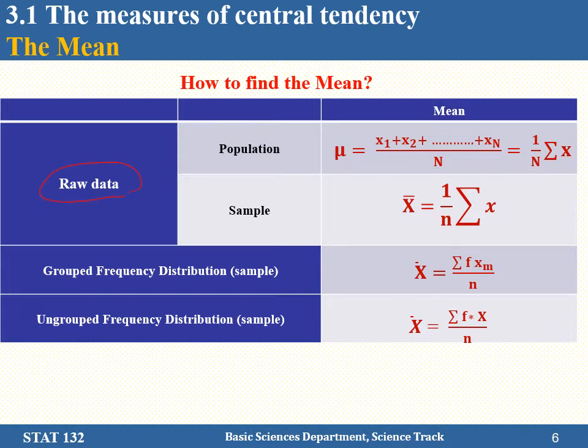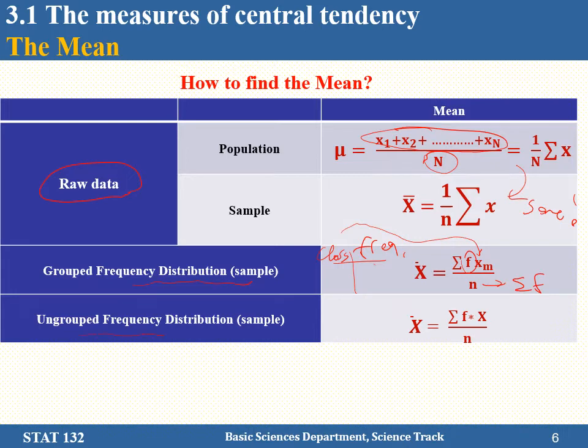We use the same formula for all of them, but it depends on how your data is given to you. If it's raw data, you basically add all the data values, divide by the number of the values, and you do the same for the sample. But when it is a grouped frequency distribution, your data will be given like the frequencies here, and then the classes here. So in this case, by using the classes, you have to find the midpoints and multiply with the frequencies and divide by the total number of the frequencies.